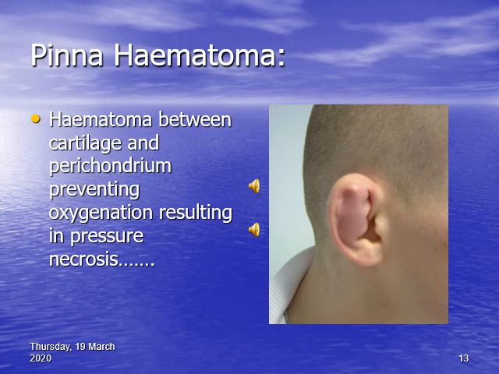Also, a badly treated hematoma, by just simple aspiration or incomplete evacuation, or when treated in a septic environment, will lead to infection, and sometimes this hematoma will be converted to an abscess, and the abscess as a sequela will lead to deformity.